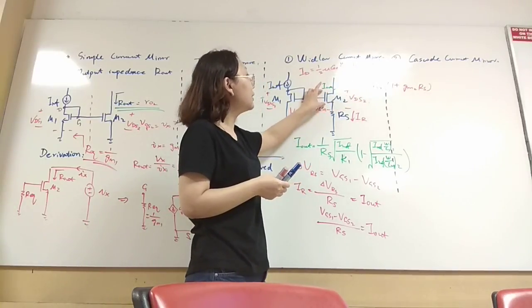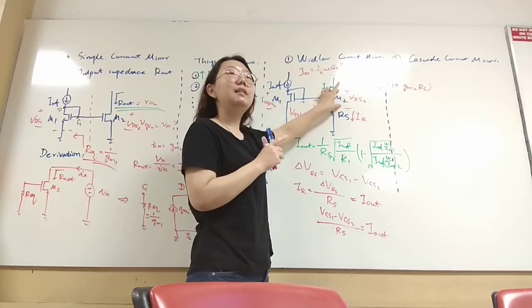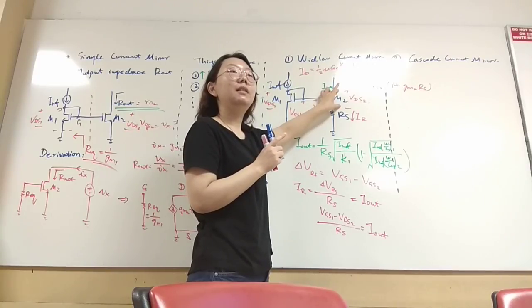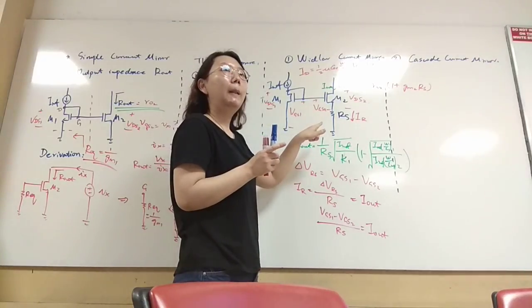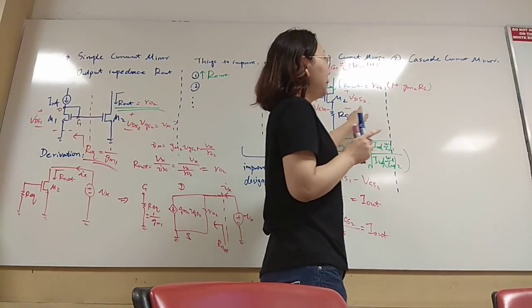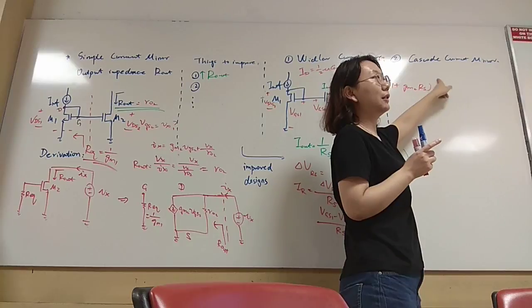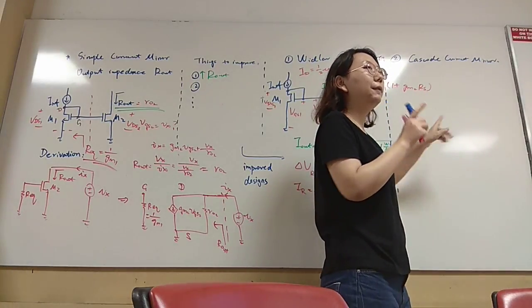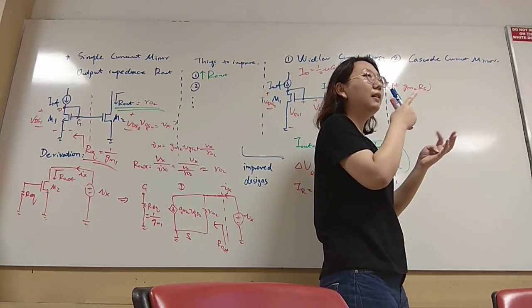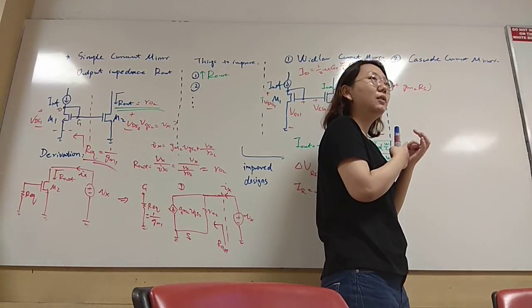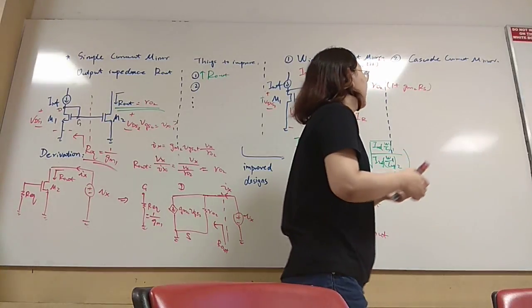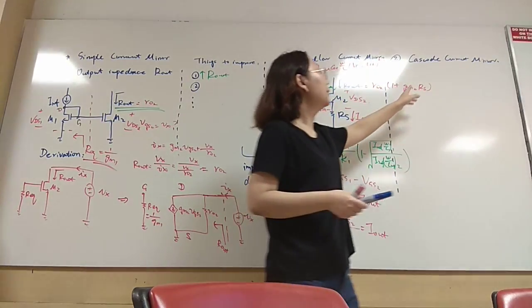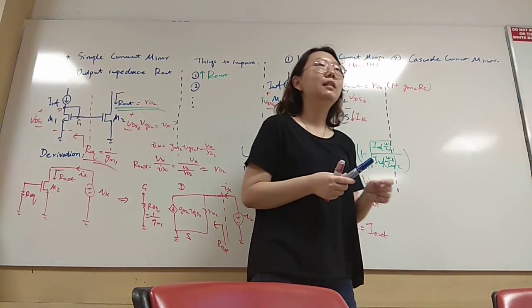So this VDS2 will also be decided by the external circuit. So this introduced mismatch as well. So in order to solve this problem, they introduced this cascode current mirror, which can improve your output impedance first, then it can improve this mismatch. They can increase the matching. That's why they proposed this cascode current mirror.